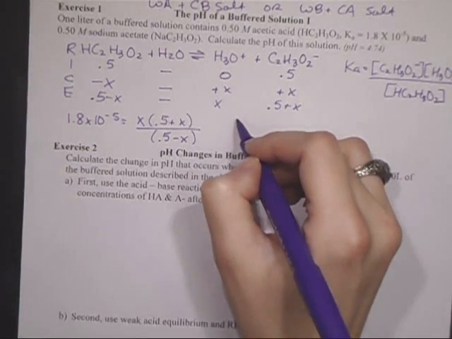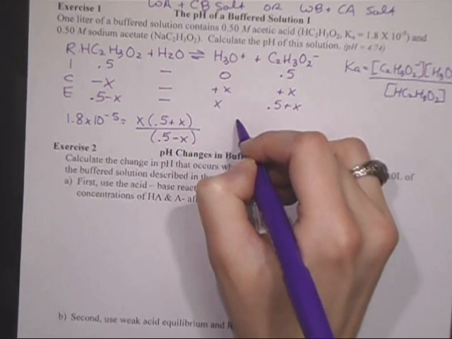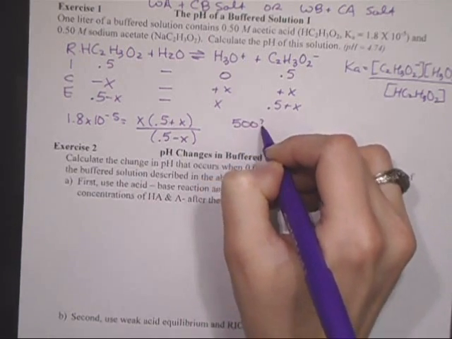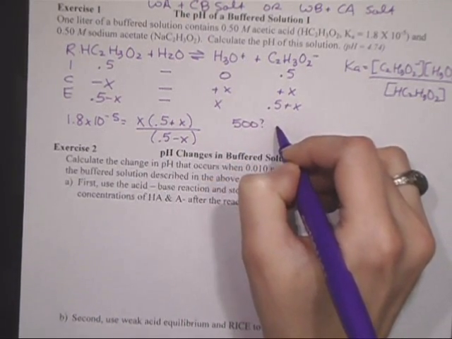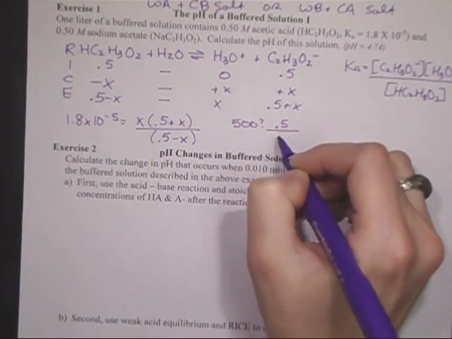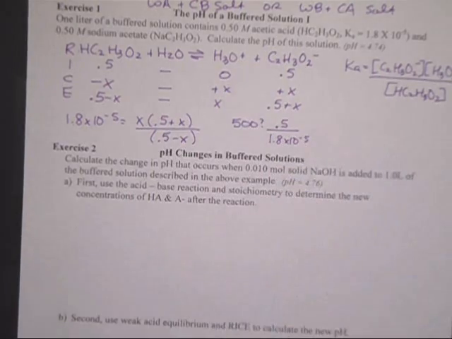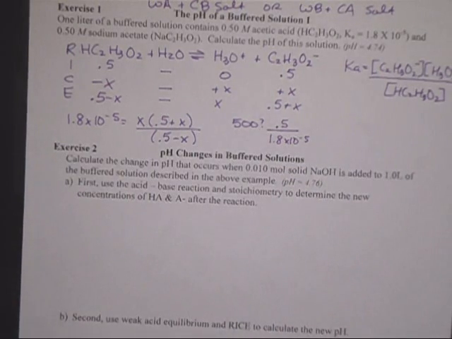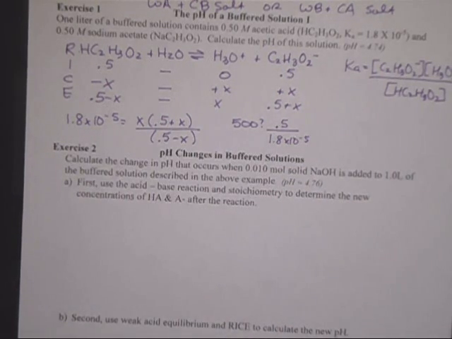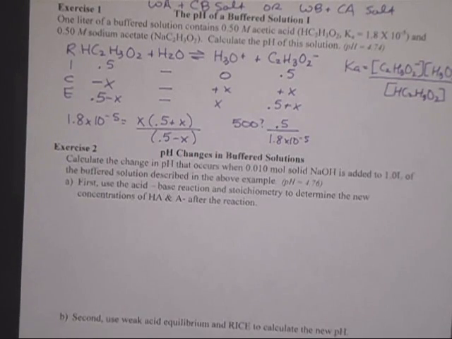Actually, somebody on one of the videos taught me this and I was really grateful. The 500 rule: you take the initial concentration divided by the K value, and as long as that value is greater than 500, then your initial concentration is not going to be appreciably changed.